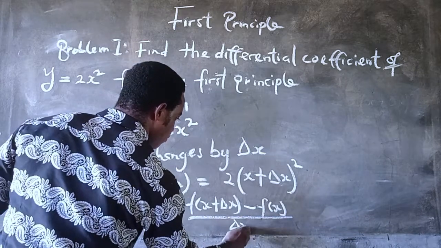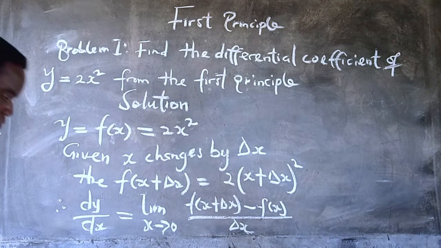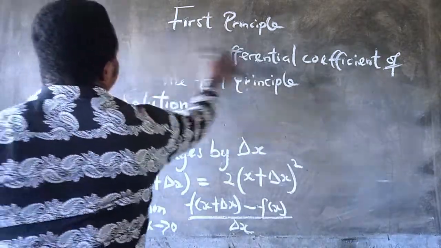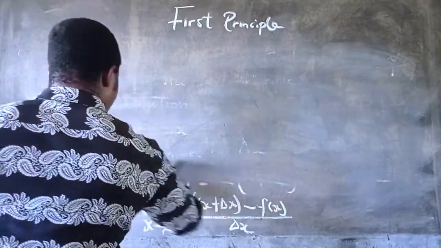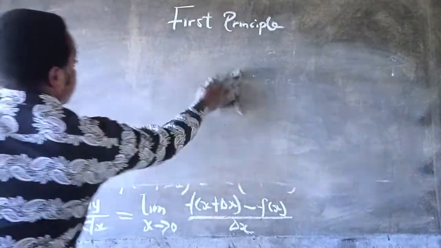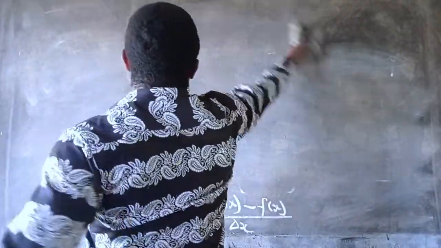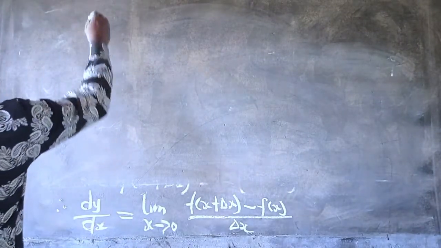Take this as the general formula to calculate the differential coefficient of any function from the first principle. Like I said earlier, towards the end of this video, we're going to solve a much more complex problem using logarithmic differentiation. So wait for it. You may have to pause this video where necessary.